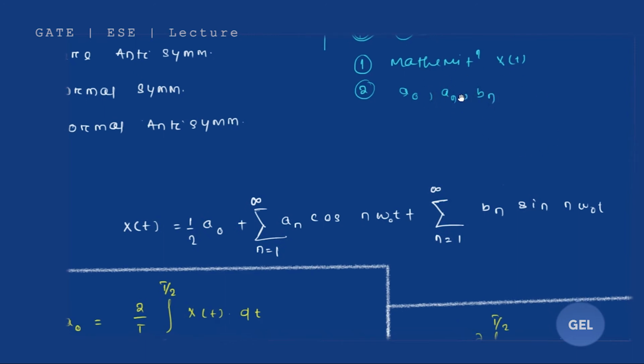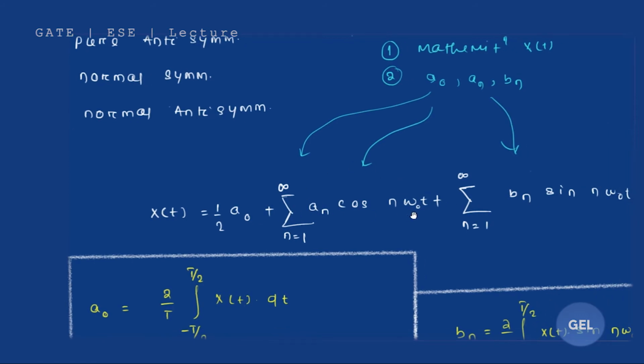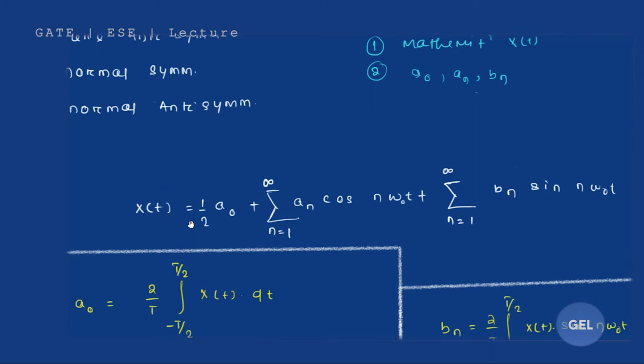After finding all these coefficients, you put the values in this expression to find all the other harmonics of this x(t), and you add all of them to represent it as a Fourier series. This series representation is known as the Fourier series. It's as simple as that.